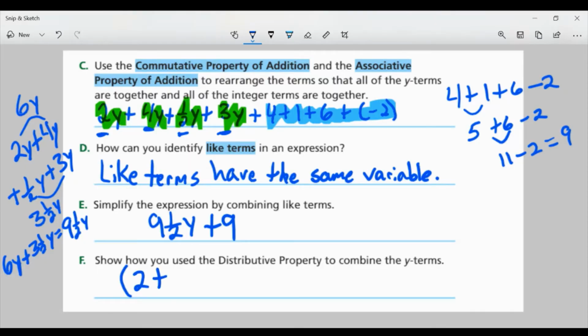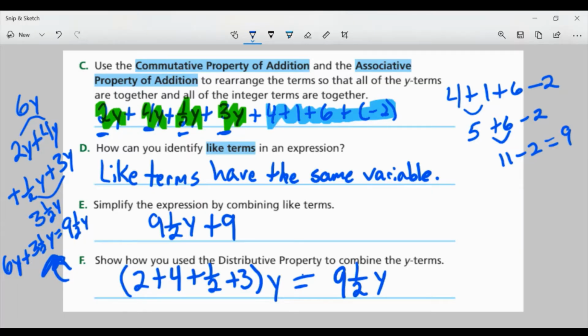So I have 2 plus 4 plus 1/2 plus 3, and I have y on the outside, because we're going to multiply whatever we get inside the parentheses by y. Like we did up here, when I added up my 2, 4, 1/2, and 3, we ended up with 9 and 1/2, times y.